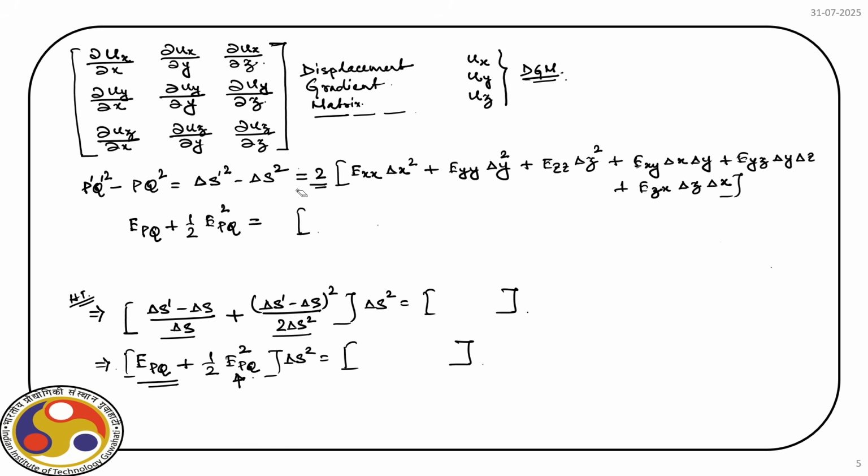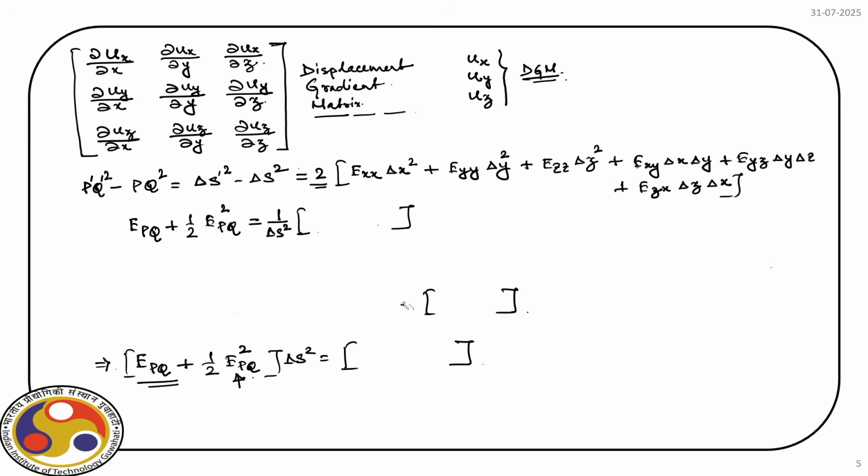So, we have the third bracketed term, but before that we have 1 by delta S square, and then we have this complete term. Now, you can see on the right hand side, if we take this delta S square inside, we have the first term delta x square by delta S square. Similarly, we have all other terms there.